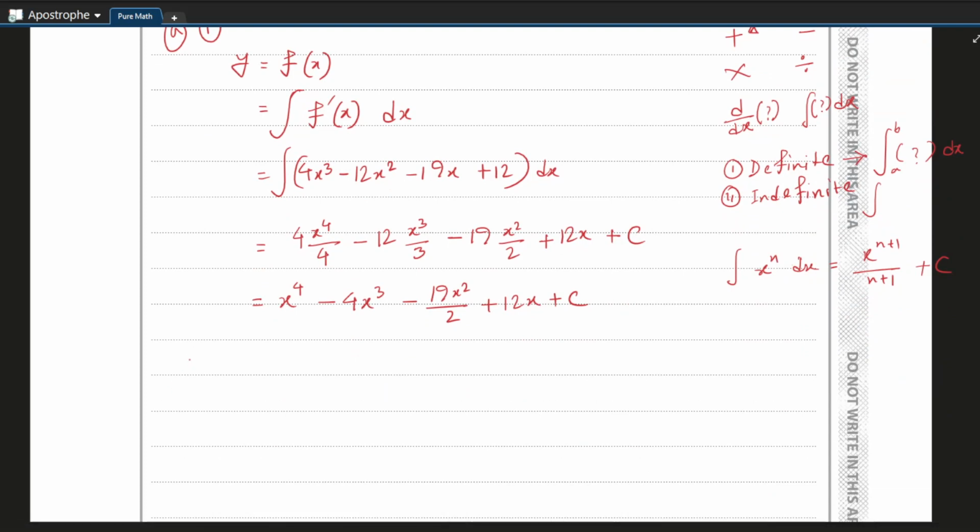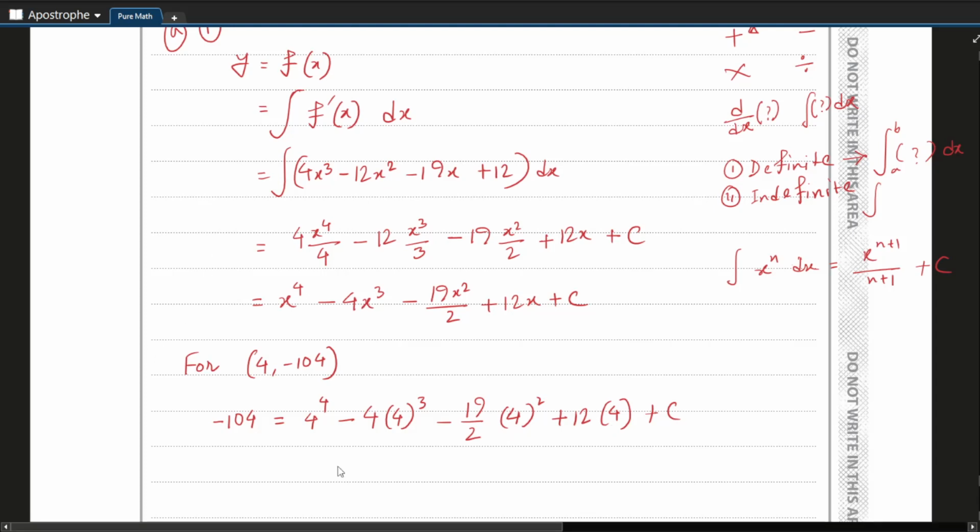So for (4, -104), our y, which is negative 104, equals x to the power 4 minus 4 times x cubed minus 19 by 2 x squared plus 12 times 4 plus c. From here we have to calculate the value of c.